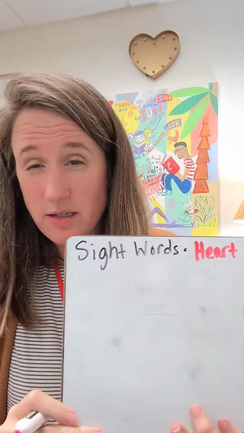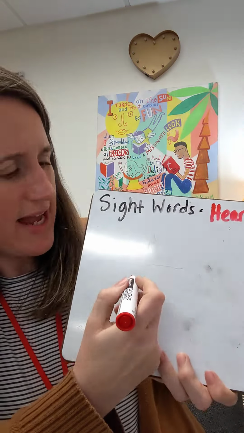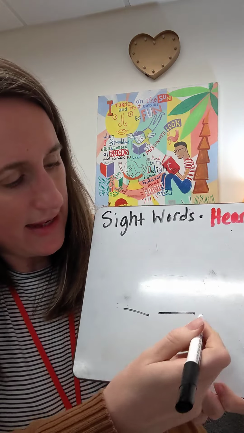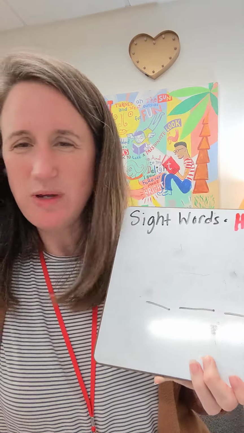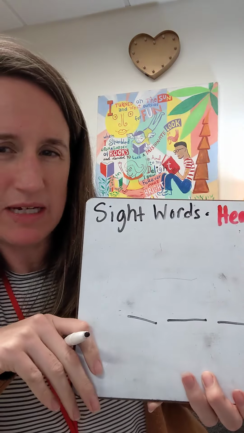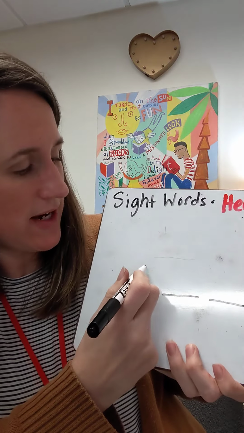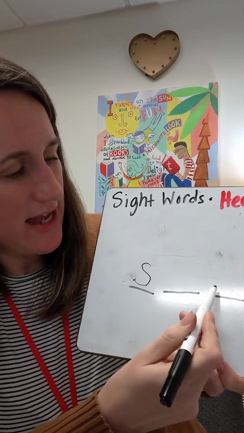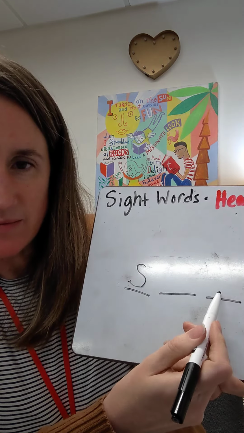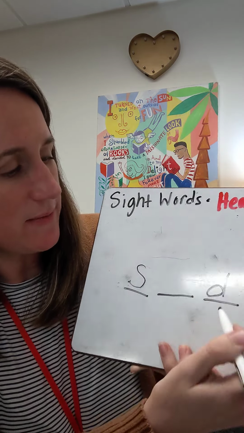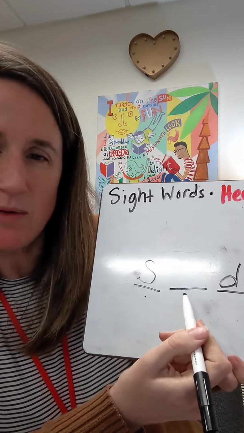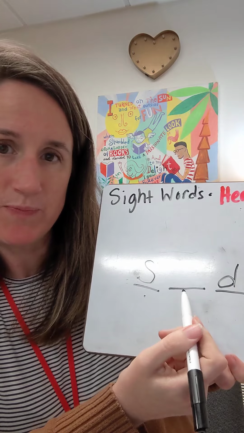So the word said. Said. S-e-d. Okay, how do we think s is spelled at the beginning of said? Yep, you're right, S. Okay, how about the d at the end? Yep, a D. That sound in the middle, how would you expect that to be spelled?